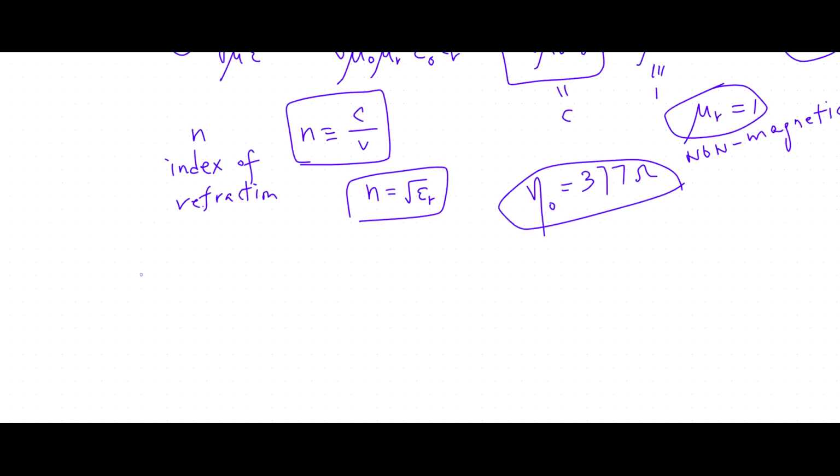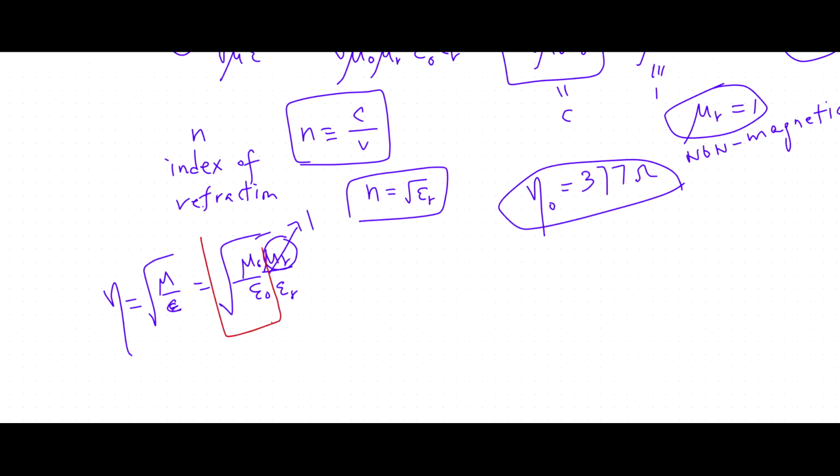Well, eta is defined as the square root of mu over epsilon, right? Again, mu is mu naught times mu r, and epsilon is epsilon naught times epsilon r. We always deal with non-magnetic materials, so mu r is always equal to 1. And then I have this square root of mu naught over epsilon naught. What is that equal to? This is just my 377 ohms.